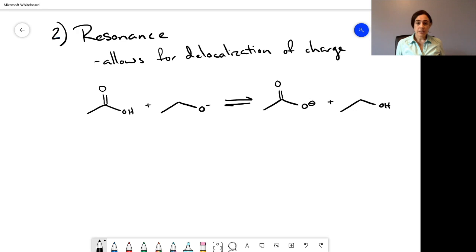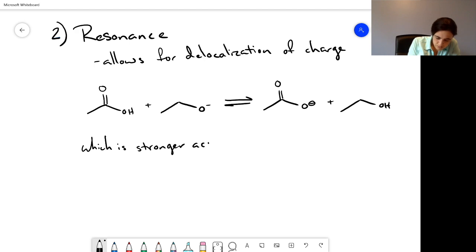All right, we're going to ask the same questions that we did in the previous ones. Where is the equilibrium? Which side is favored? Which is the stronger acid? Well, first let's identify our acids.